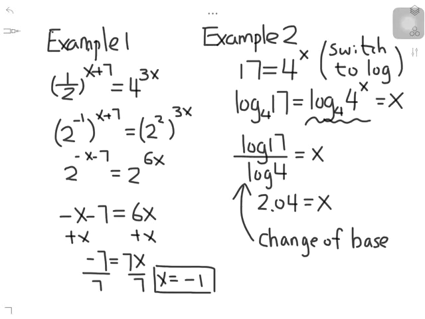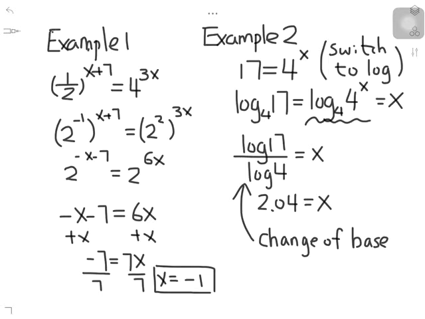Whenever you deal with this type of question, think about whether you can make them into the same base as your first step. If you are able to, then things should be very easy and straightforward. 1/2: what number raised to a power will give you 1/2? Think about negative exponents. 2 raised to the -1 power gives you 1/2.